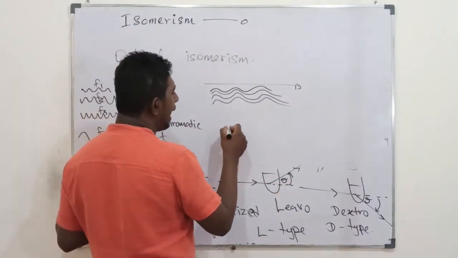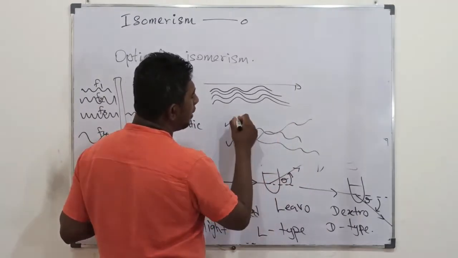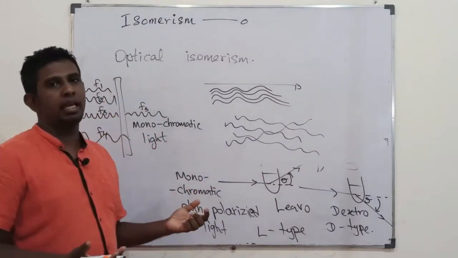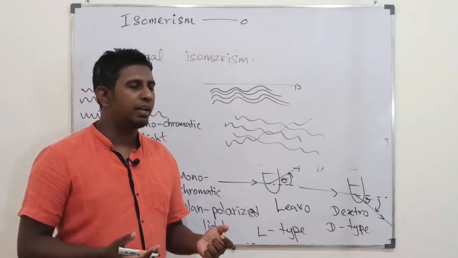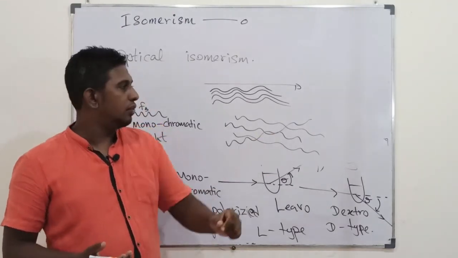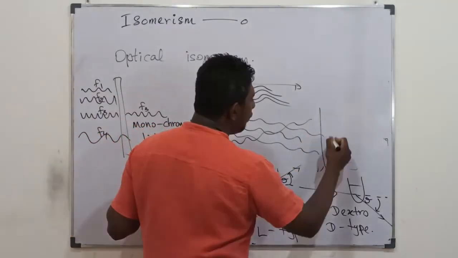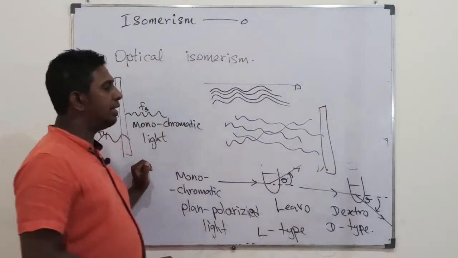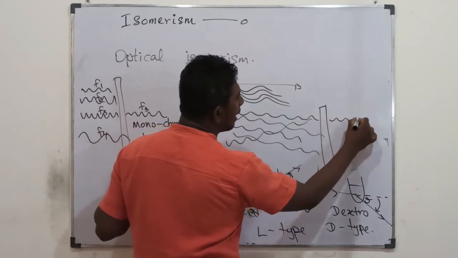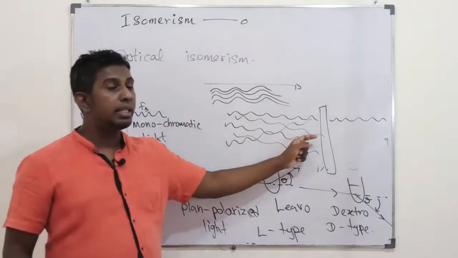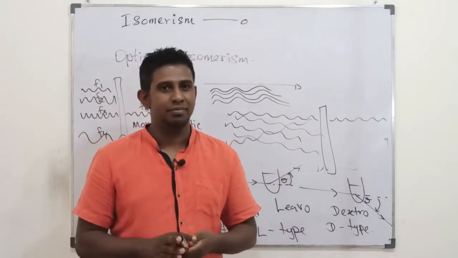But sometimes you could have a beam of light with waves following different directions. It could be the same frequency or different frequency, it doesn't matter. So they have different phases at a time. If you find a method to take waves coming in one direction only, blocking all the others, that's what we call plane polarization.